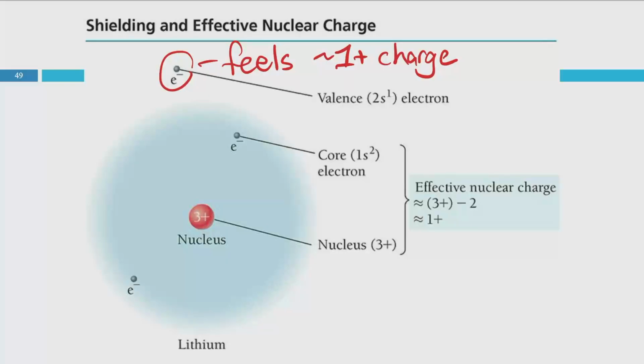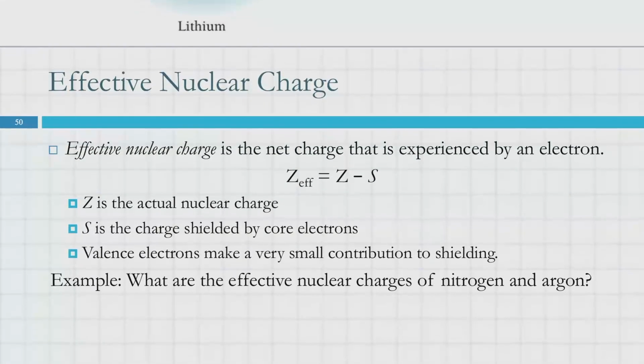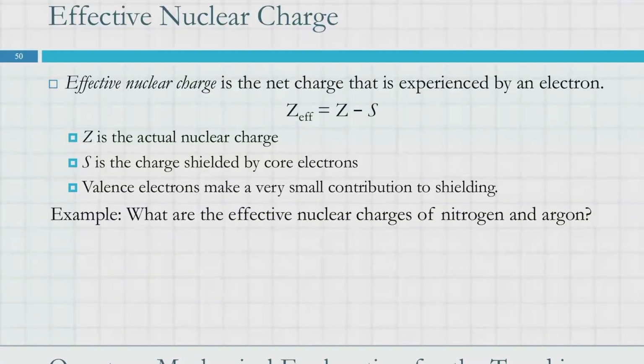Now what if we change the number of protons, we change the number of electrons? That's where effective nuclear charge is helpful for thinking about this trend. So our Z effective here is our effective nuclear charge. Z is our actual nuclear charge, our number of protons.